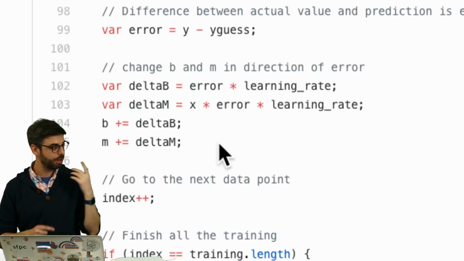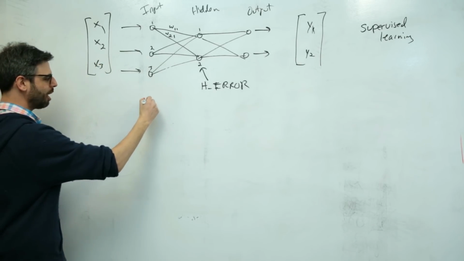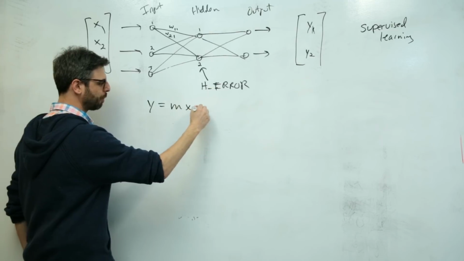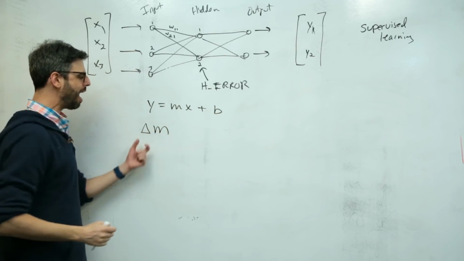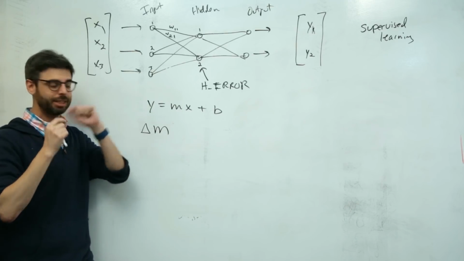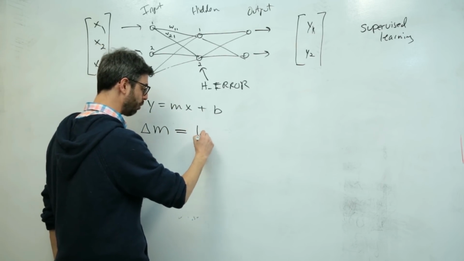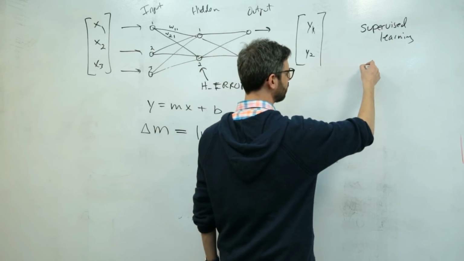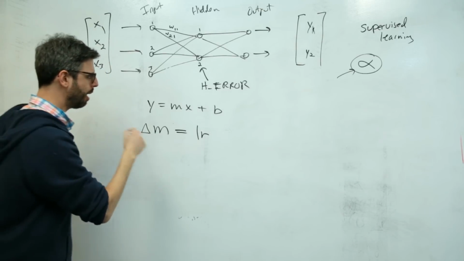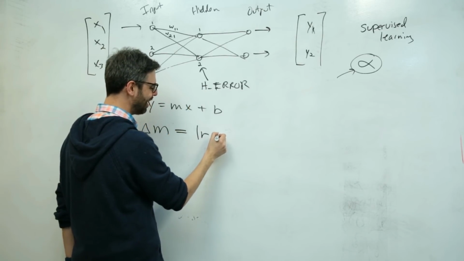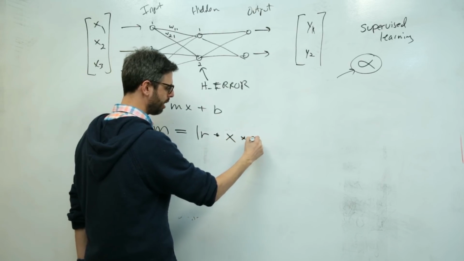And so we can now write those formulas over here. In the case of y equals mx plus b, we need to calculate delta m. How do we want m to change based on the error? How we want m to change is the learning rate. By the way, learning rate, if you look in textbooks, is sometimes written with the Greek letter alpha, I believe. Yeah. Learning rate times x times error.